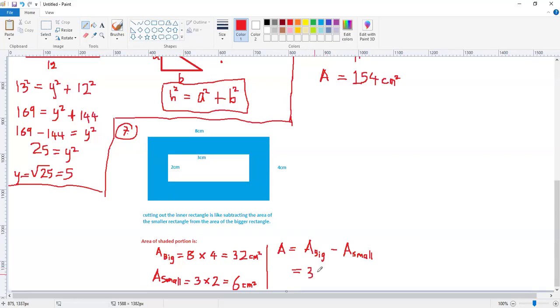And that's going to be equal to what? 32 minus 6, which is what? Hold on a minute, I just messed that up. 32. What's 32 minus 6? 32 minus 6 will give you what? 24.